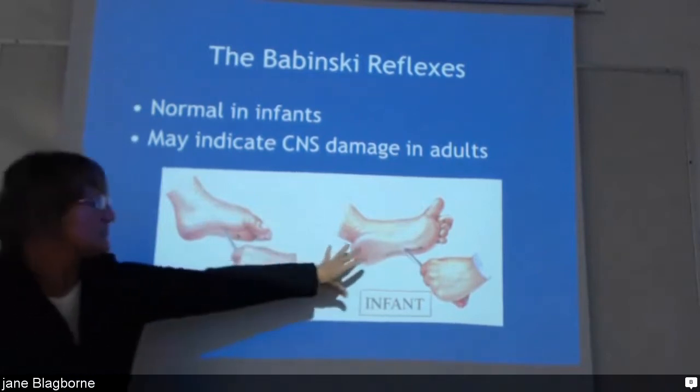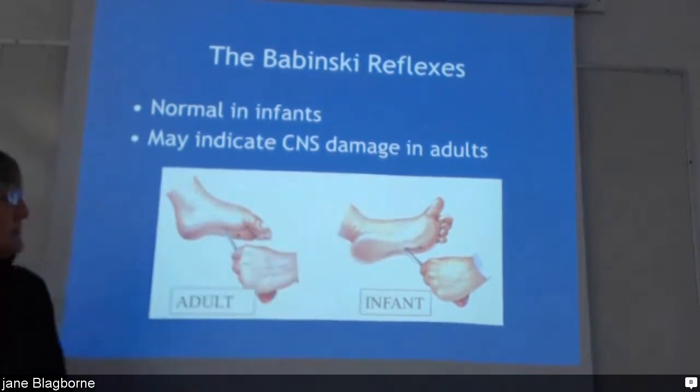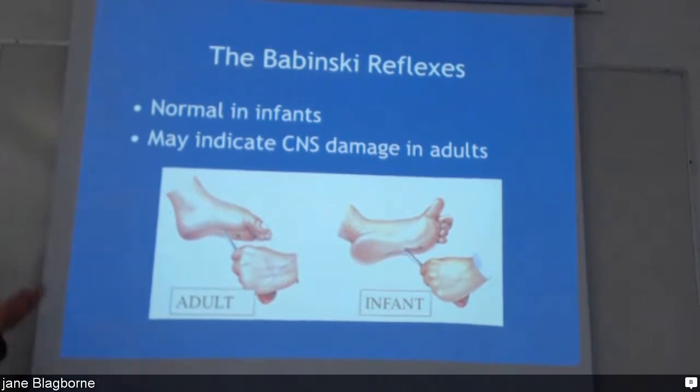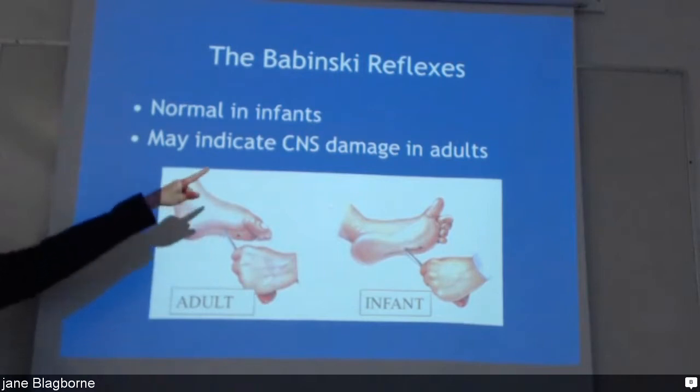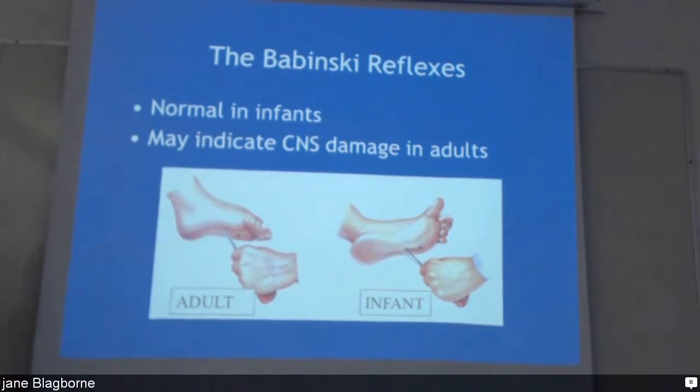And this Babinski's reflex will go away as the baby matures, and they can tell how mature the central nervous system is by that. We do it in adults because if they have had a brain injury of some sort, it may indicate some damage to the brain if they don't have a Babinski's reflex.